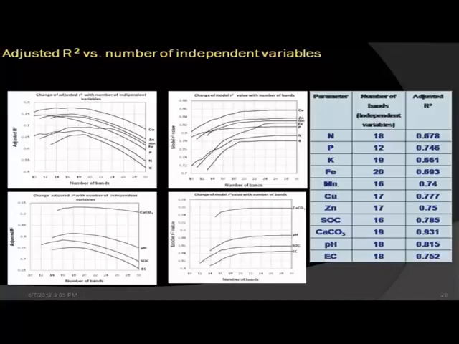For different parameters, the number of bands chosen is given. For example, for nitrogen, 18 bands was found to be the best. For phosphorus it is 12, for potassium it is 19, for iron it is 20, and the adjusted R square values look quite good as far as reflectance data in lab condition is concerned.